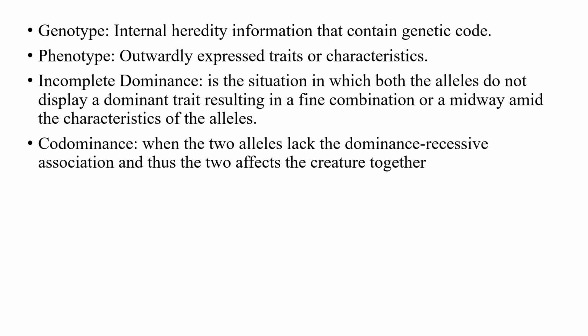That is why somebody that is having two capital letter B's, and the one that is having capital letter B and small letter b, the two of them are black colored. They can be showing black, but that particular component, the B's that you have there, is being referred to as the genotype, while their outwardly expressed traits or characteristics, black color, is being referred to as the phenotype.